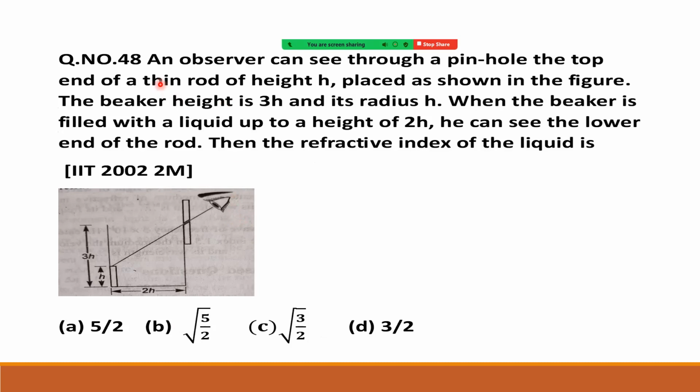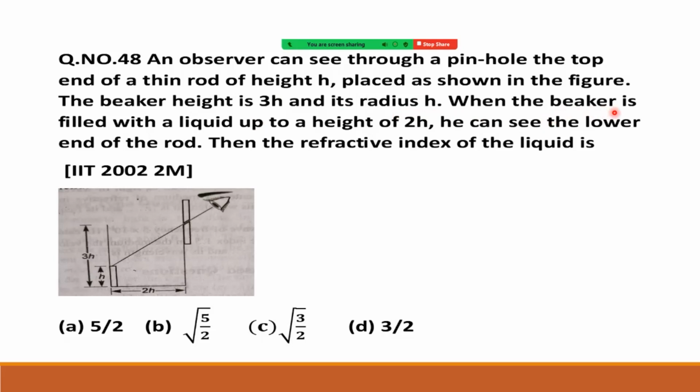See what is given. An observer can see through a pinhole the top end of a thin rod of height h placed as shown in the figure. The beaker height is 3h and its radius is h.